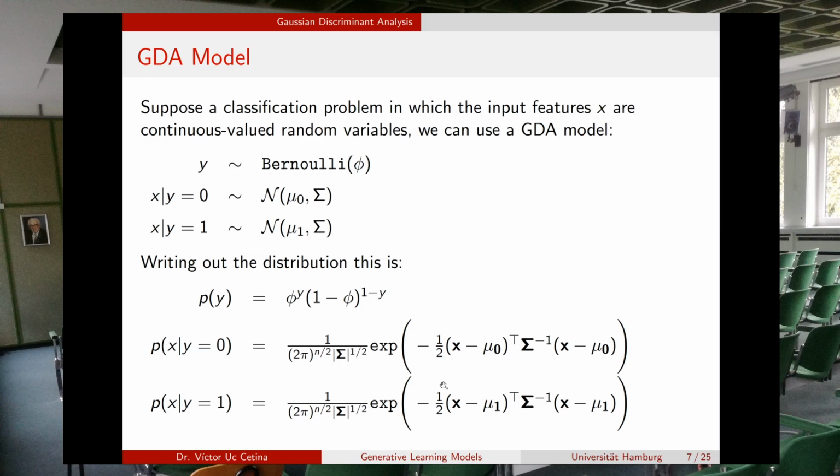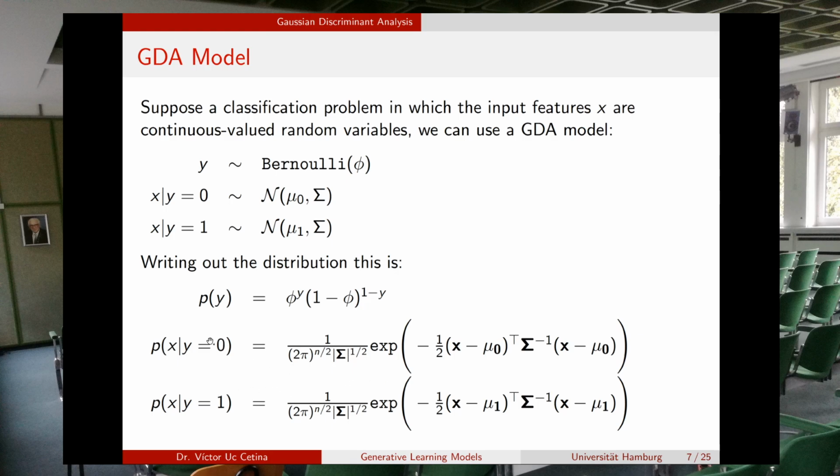Now, how can we compute the parameters? Remember, now we are talking about generative models. We need to estimate some probability distributions, these 3, and once we have computed them, we can apply the Bayes rule to make a new classification.